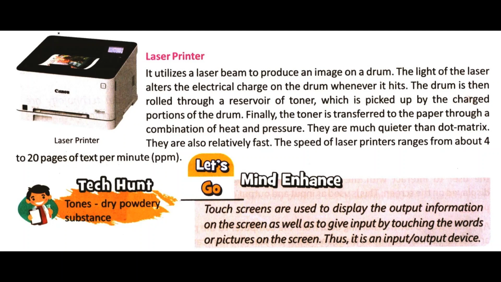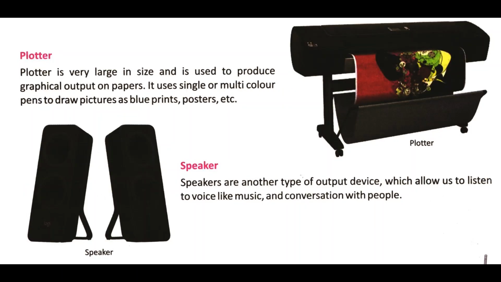They are much quieter than dot matrix. They are also relatively fast. The speed of laser printers ranges from about 4 to 20 pages of text per minute, that is ppm. Toner is a dry powdery substance that is transferred to the paper. Then the paper is heated and pressurized to print the text or the images on the paper.